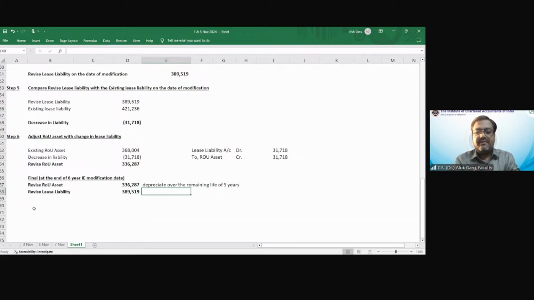Depreciate over the remaining life of how many years? 5 years. Anu, how will this revised lease liability be zero? Interest calculation. So we will calculate the depreciation. No, I'm talking about the revised lease liability. Add interest at the rate of 7% and reduce by the lease payments.